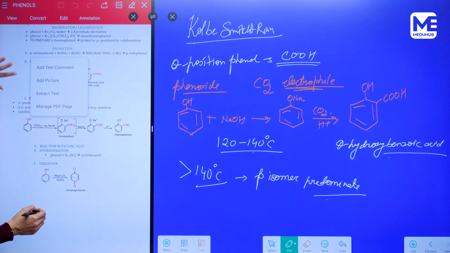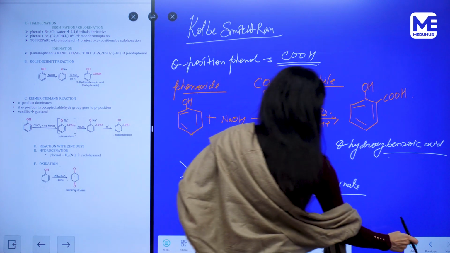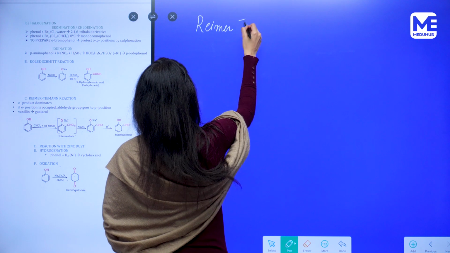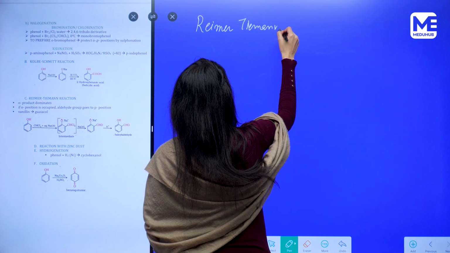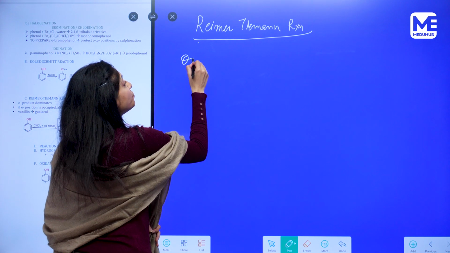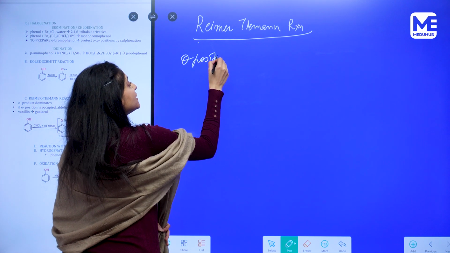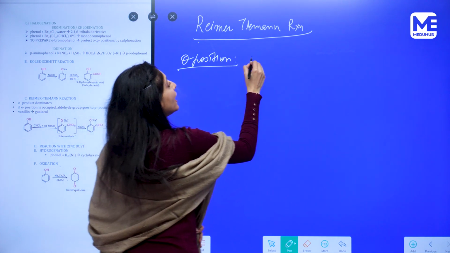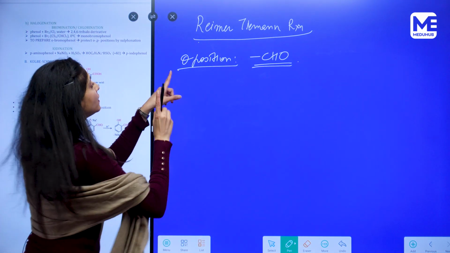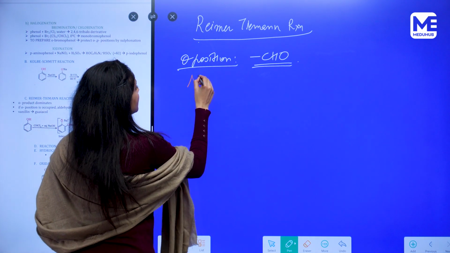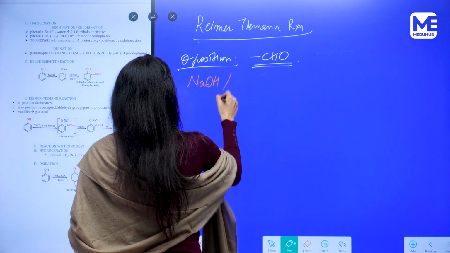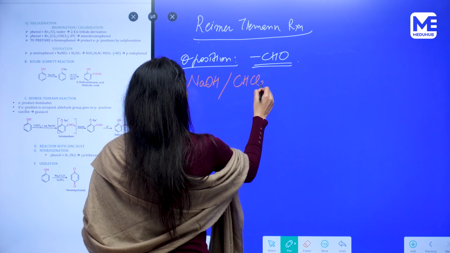Next reaction is the Reimer-Tiemann reaction. In this reaction, the ortho position gets substituted with an aldehyde group, CHO group here. The reagents used are NaOH and chloroform, CHCl3.